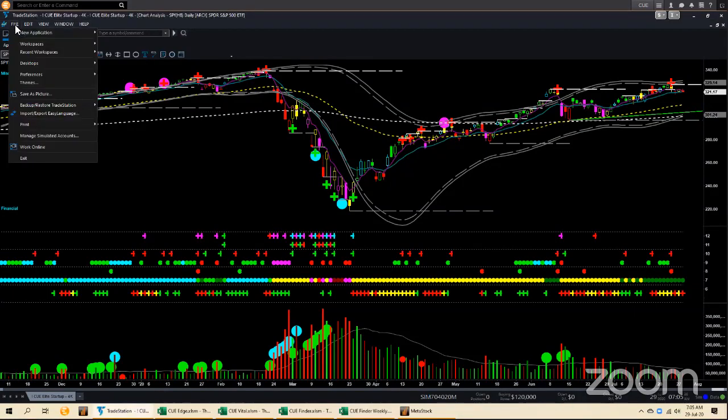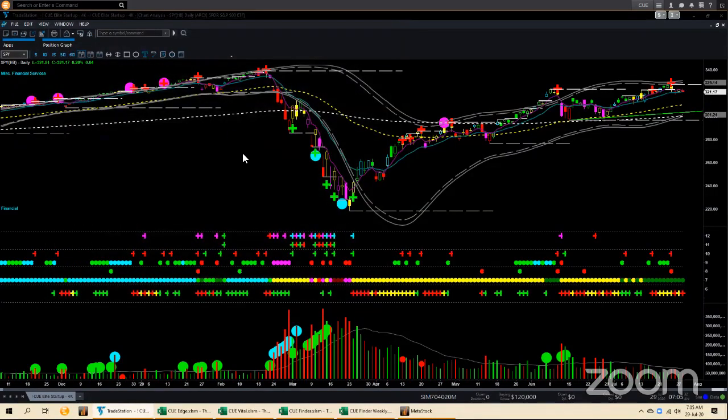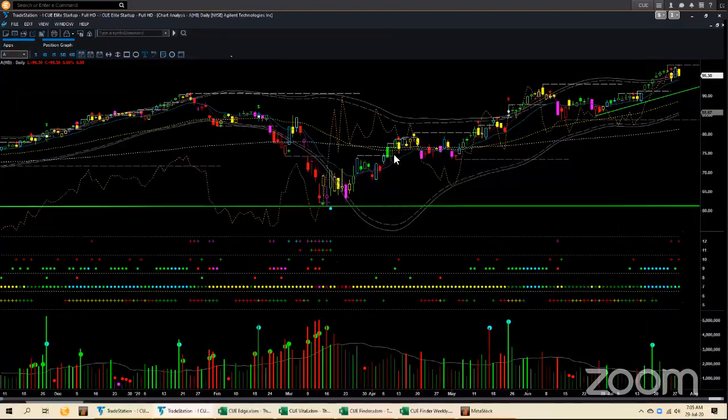Now I'm going to open the startup desktop for full HD. Again, it's opening on the other monitor. I will drag it to this monitor once it is open. Yes.